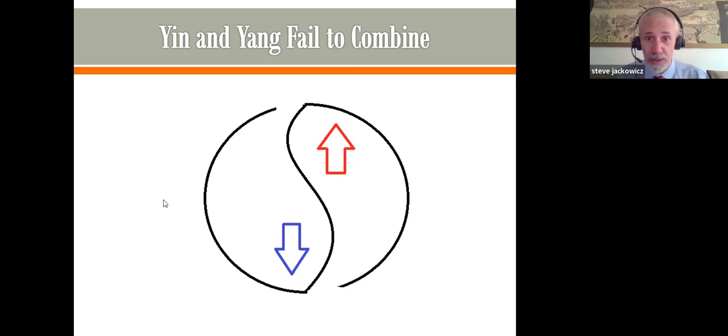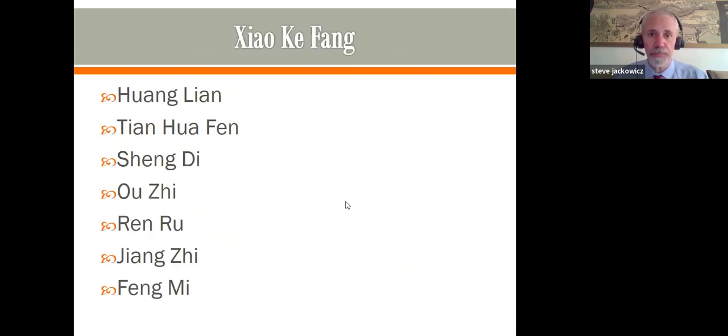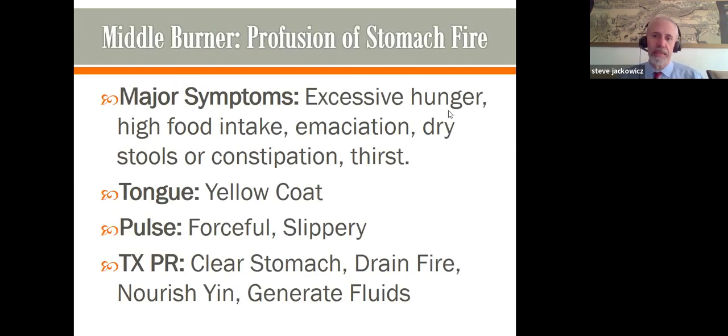All right. So now we take the same idea and we go to middle burner. So this would be happening in the middle burner, that the yin is cracked, it's broken, and they can't combine. Now if we go to middle burner, and we see here, excessive hunger leads off, right? This is the thirsting part in here is the hunger. You have a profusion of stomach fire, for the stomach yin has been broken.